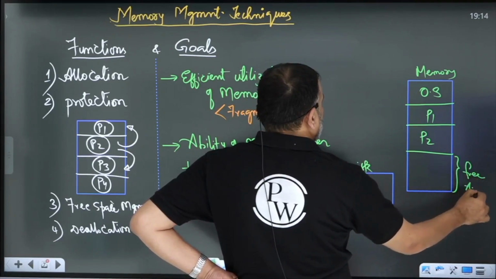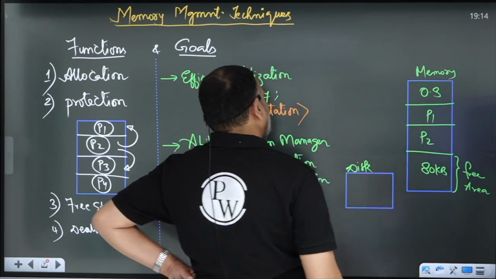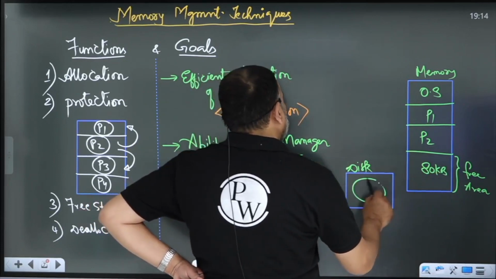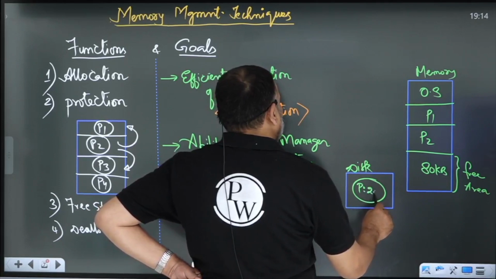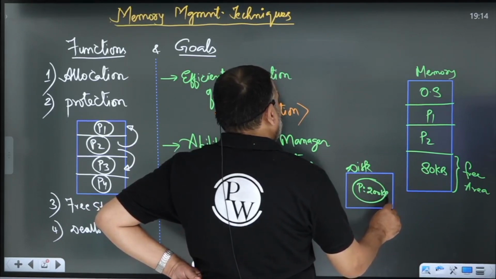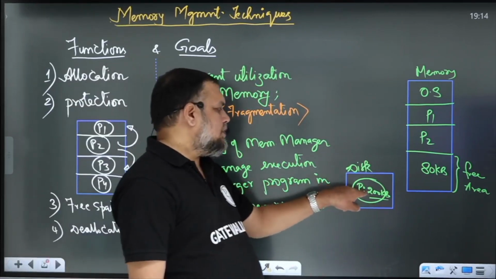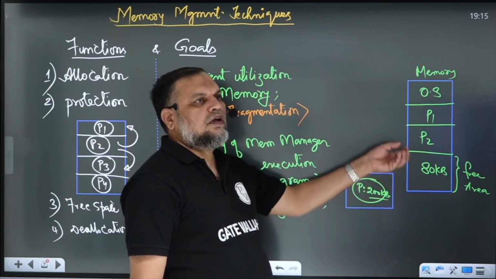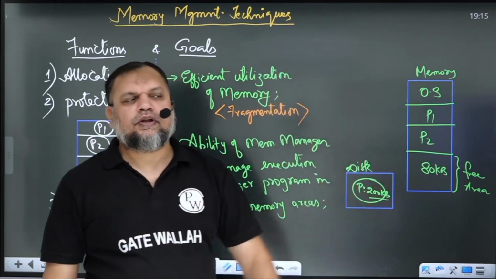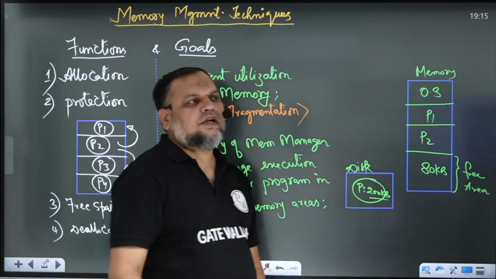Let's say the size of this free area is 80 KB. And on disk I have some program P whose size is, for example, 200 kilobytes. I wish to execute a program of size 200 kilobytes, but the operating system says available memory is only 80K. Logically I need 200K, but available is only 80K.